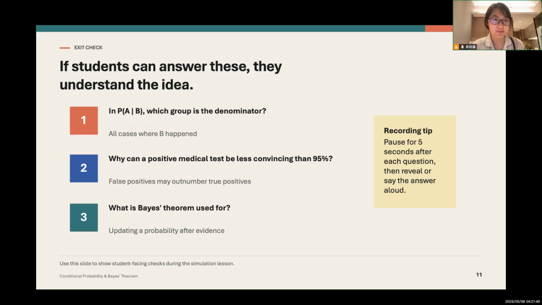B is the condition. The answer to question 2 is because false positives may outnumber true positives, especially when the condition is rare. And for question 3, the base rate is used for updating a probability after evidence.